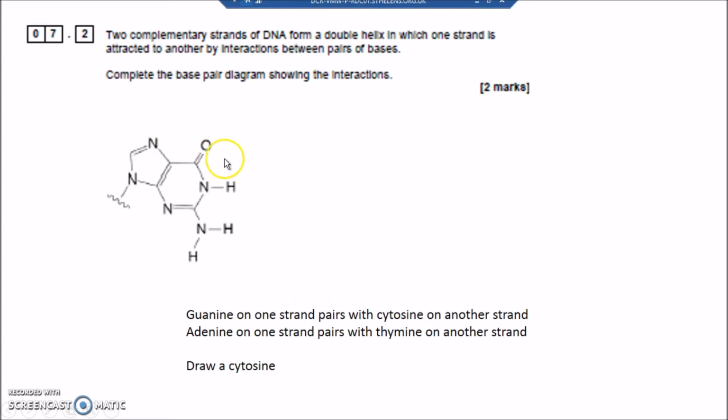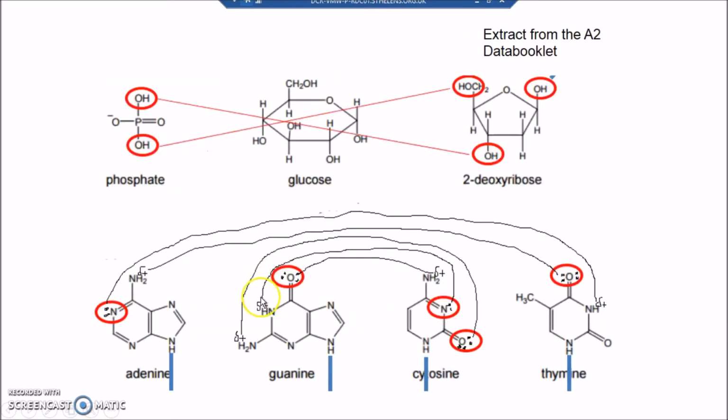Let's have a look at my question now. It says, how does this complementary strand in a helix, complete the base pair diagrams showing the interactions? So let's try and identify this first of all. I've got an NH2, an NH and an O. There it is, NH2, NH and an O. This is guanine.